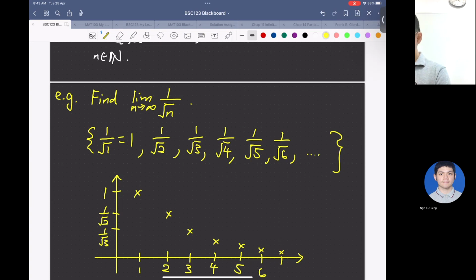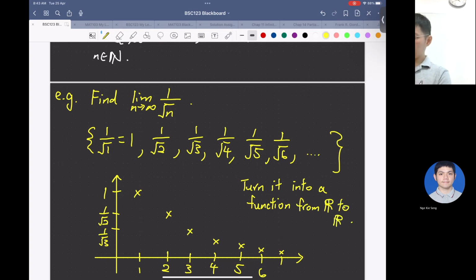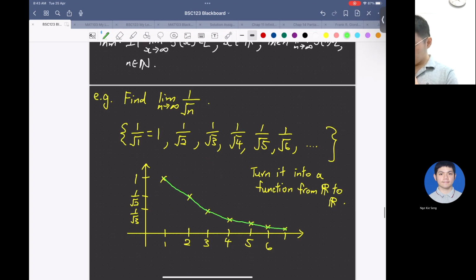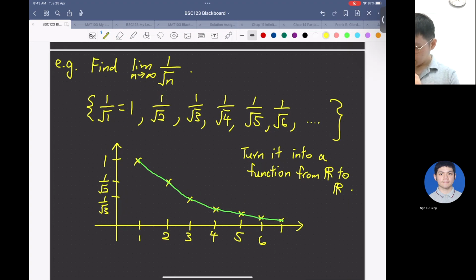So we need to turn it into a function from reals to reals. Pictorially, this means that we consider the continuous function. So do we know the limit here?